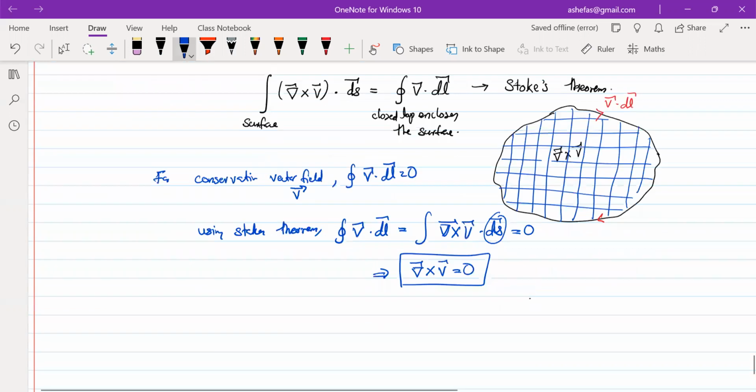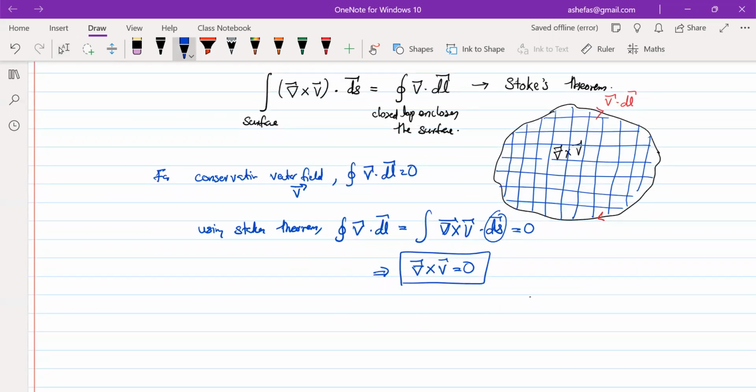So if the vector field V is conservative, then its curl is 0.